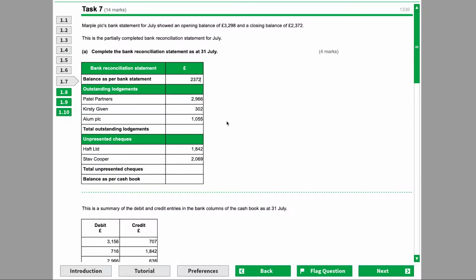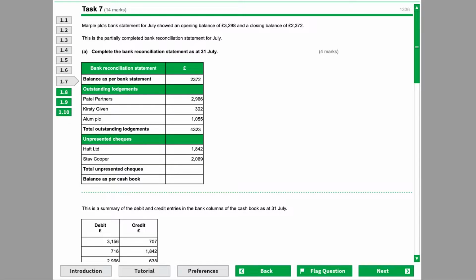The next figure to fill out here is the outstanding lodgements. All we need to do here is add these together. So just 2966, 302 and the 1055 and enter that in. So if we add those three together, that will come to 4,323.